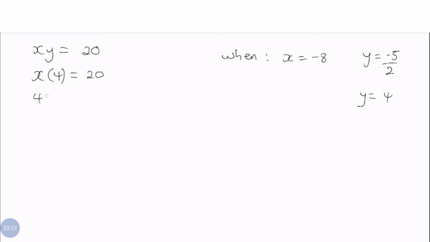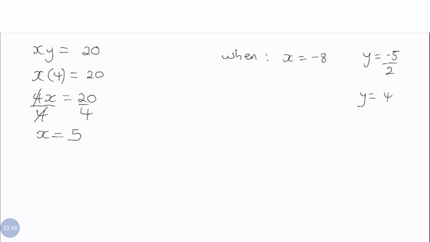So we have 4x equal to 20. Now we divide by 4 on both sides to get rid of the 4. This will cancel this, and x is equal to 20 divided by 4 is 5.